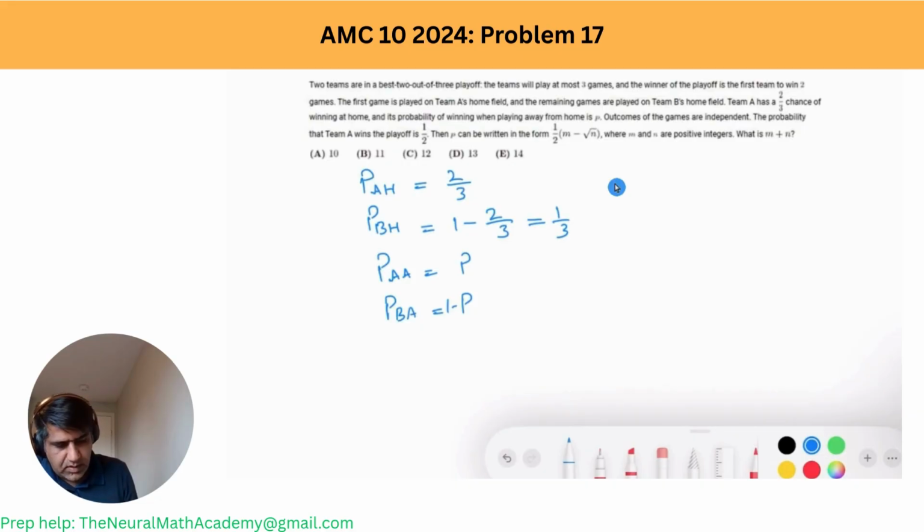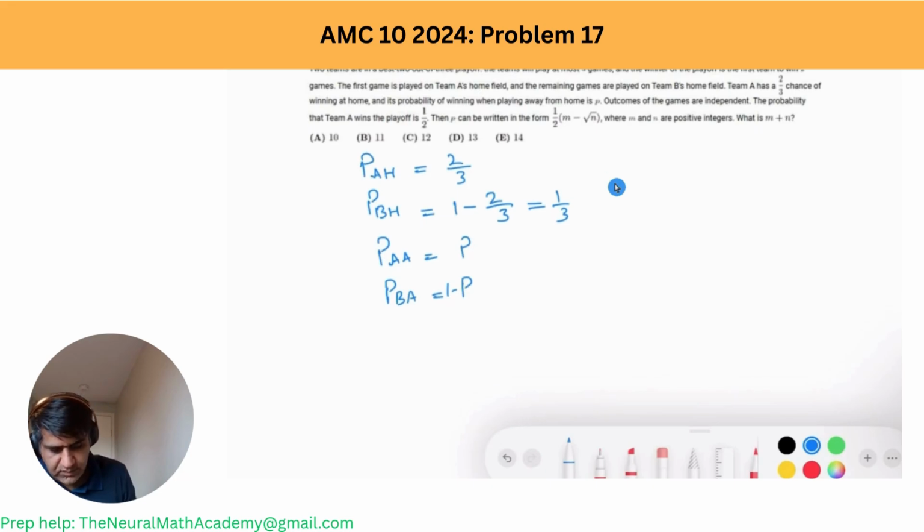So now if we see, there are 3 possibilities that we have, right, based on the description that we are given. So one of the possibilities is that team A wins first 2 games, right? So in this case, the probability would be 2 by 3 P, right?